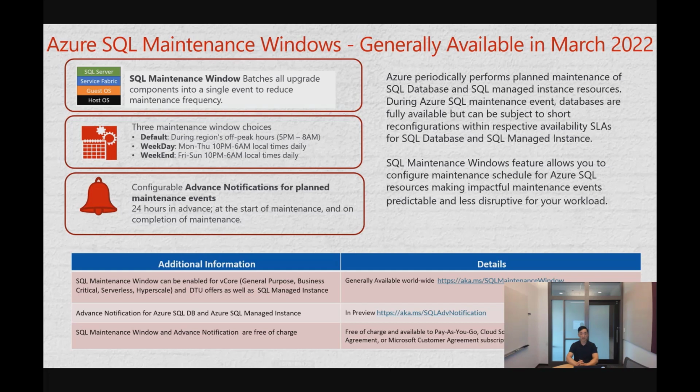Alerts can be configured as text, emails, push notification, and voicemail, and the history of these alerts can be viewed in the Azure Service Health blade. The SQL maintenance window feature is free of charge and works for most of the SQL offerings, but there are some exceptions that are noted in our documentation.